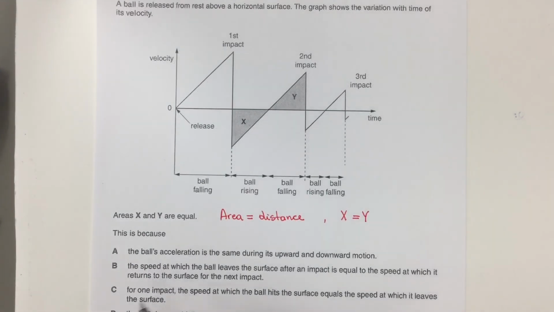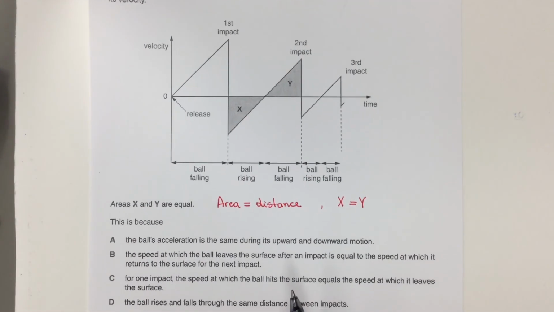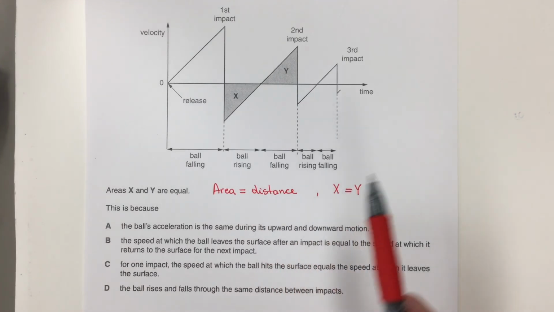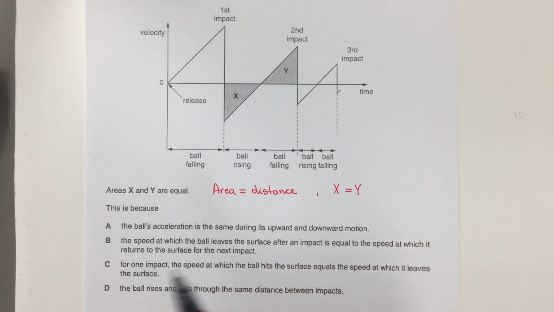To narrow things down, because those sentences are pretty long, when you read each sentence, we need to find anything related to distance, because that's what the X and Y area is about. So area is equal to distance. Not acceleration, not time, not velocity, it's distance.